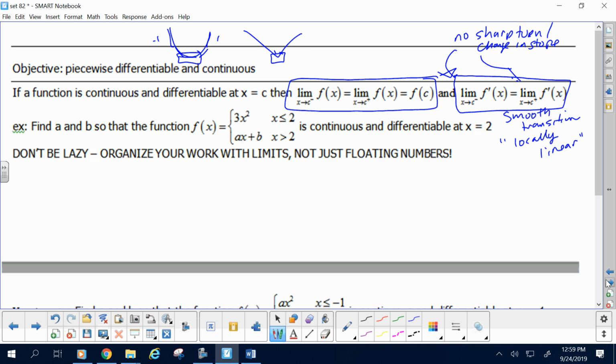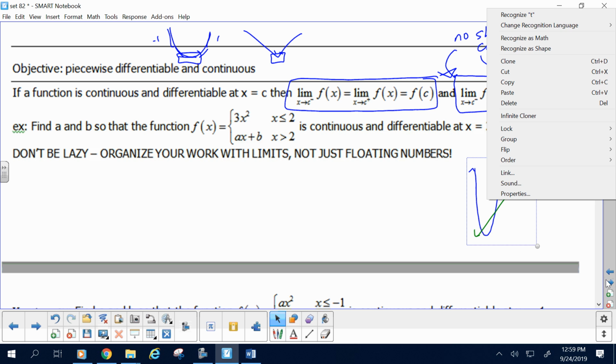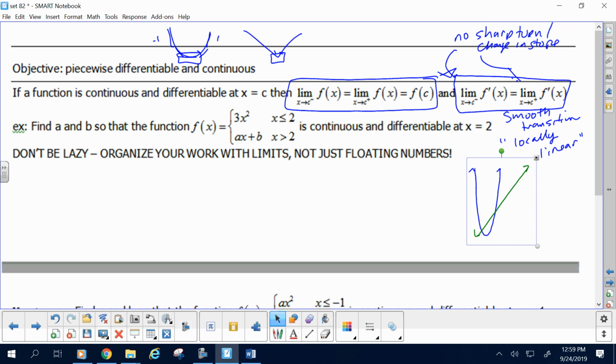So if you get a problem like this, we're trying to make the narrow parabola, 3x squared, meet the line ax plus b. They have to first of all meet at 2, so the line has to be just right, and the line must have a smooth transition of slopes, so the slope blends in.